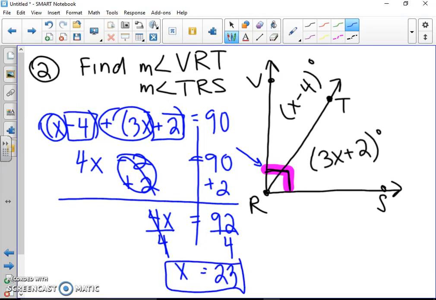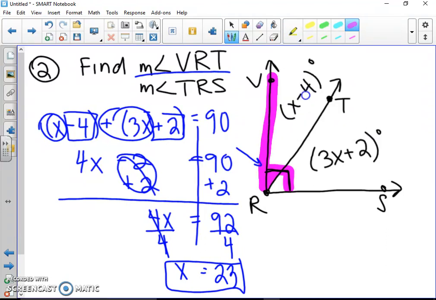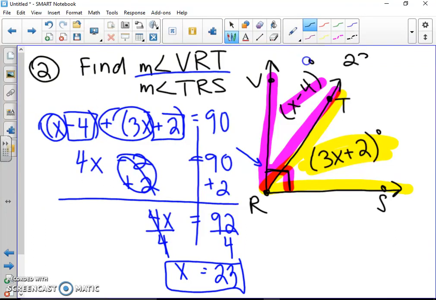Okay, it's asking us to find the measure of VRT. So VRT, we're going to use that x minus 4. And then they want to know TRS, so we're going to use that. So we can start with VRT. Instead of x minus 4, we have 23 minus 4. Is that 19?